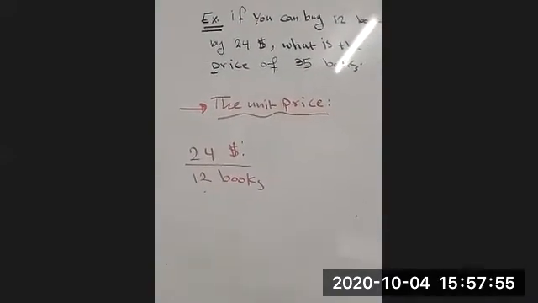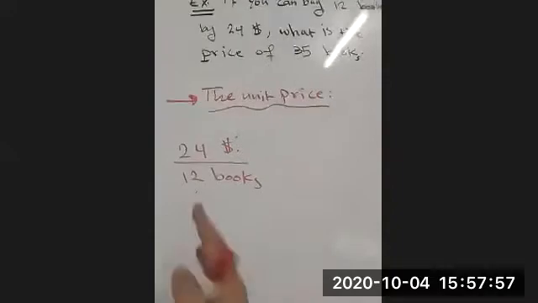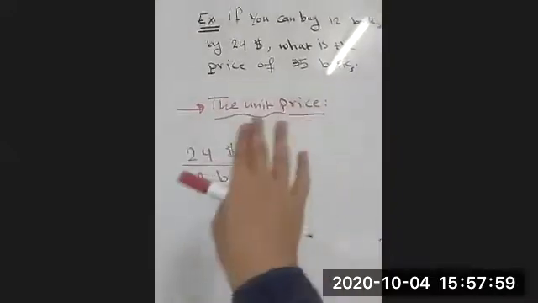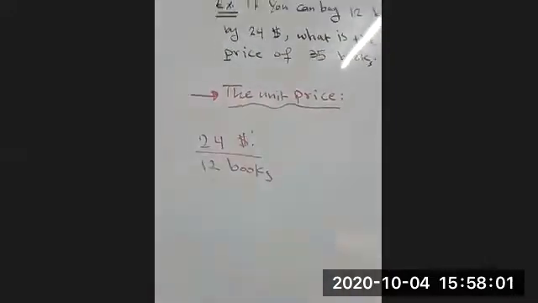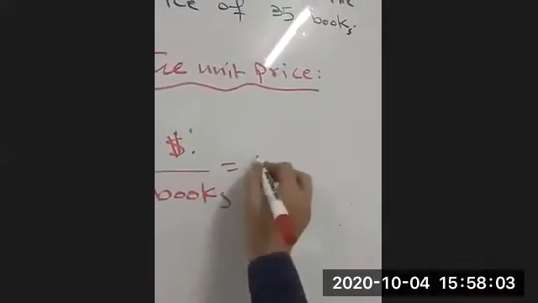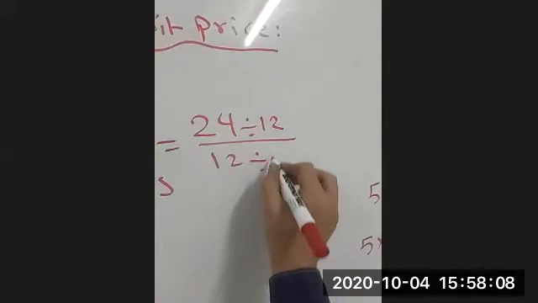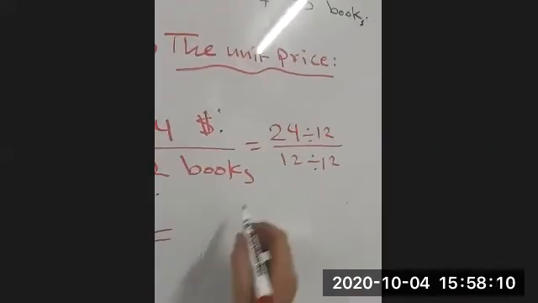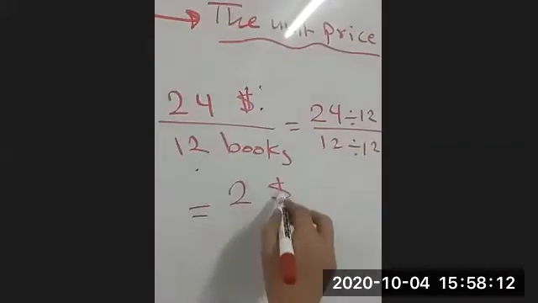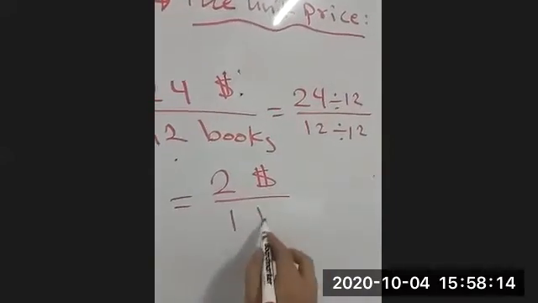Now, to find the price of one book, we need to turn it into a unit rate, and we call it unit price here. So here I will divide by 12 up and down, and the answer will be $2 up and one book down.